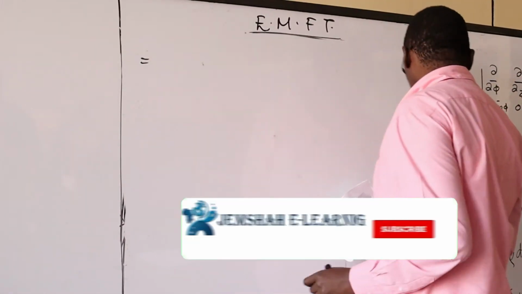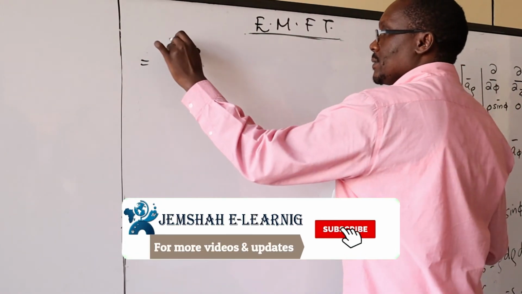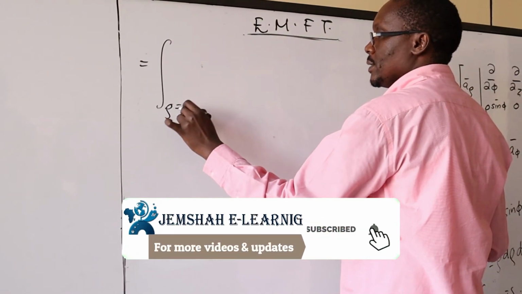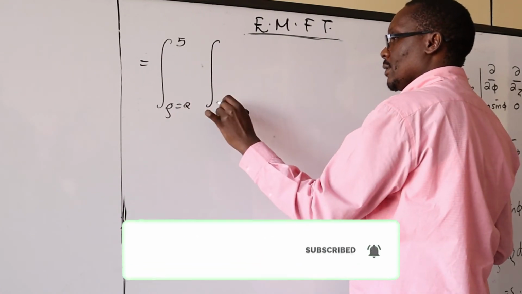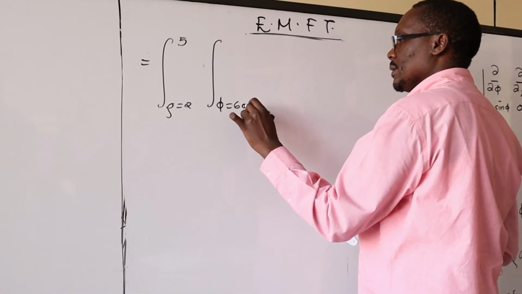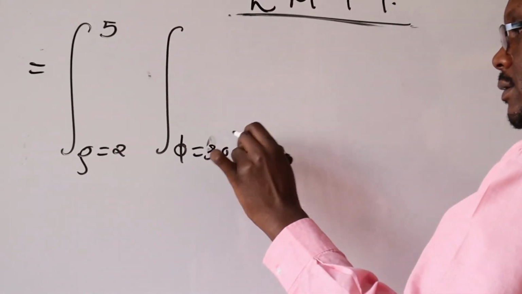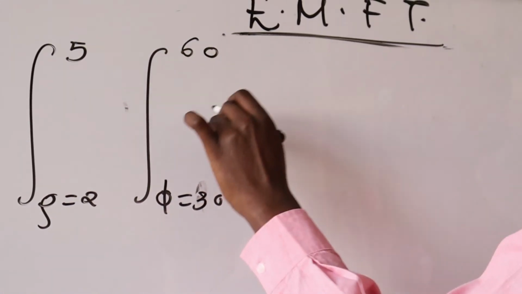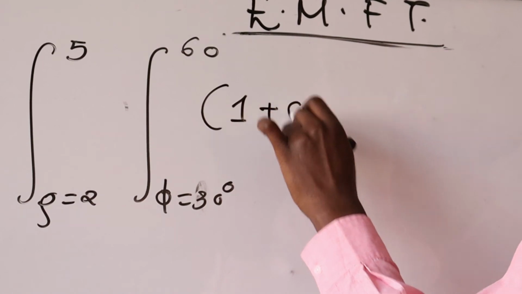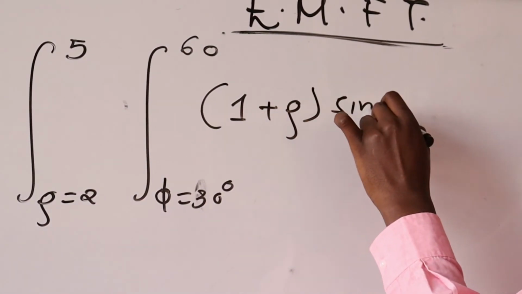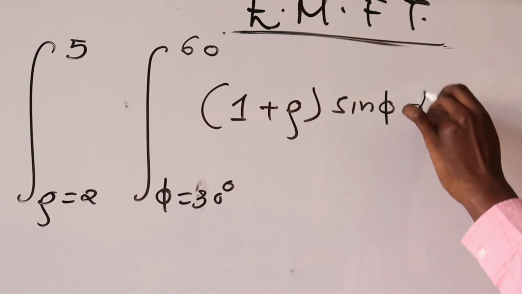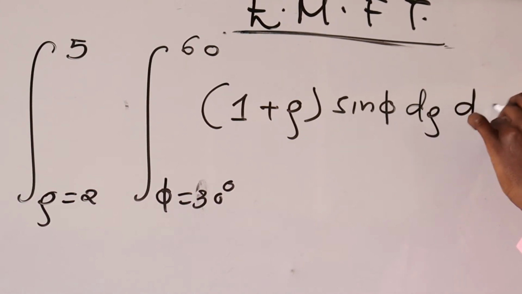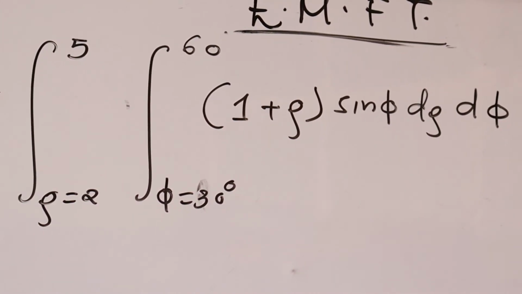So, if you simplify that, we have rho equals 2 to 5, phi equals 30 degrees all the way to 60, then I have 1 plus rho sine phi, d rho, d phi.